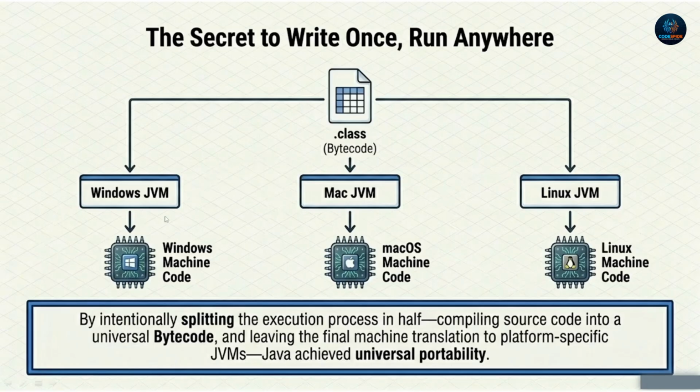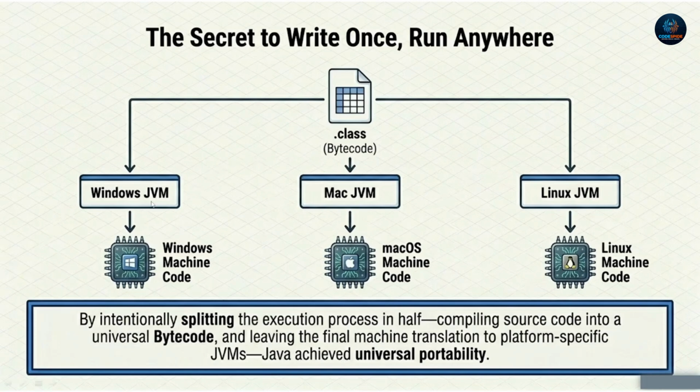If we use a Windows system, a Mac operating system, or a Linux operating system, the same bytecode will execute successfully on each different operating system, because there is a different JVM for each platform.